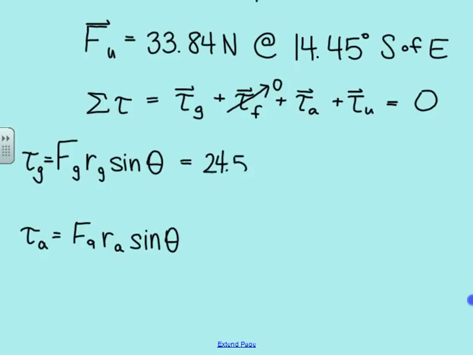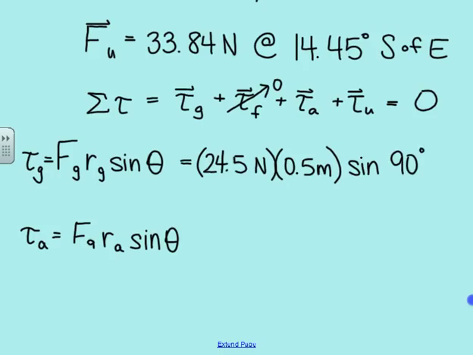So 24.5 newtons times 0.5 meters times the sine of the angle between the radius and force vectors. Well, in this case, the radius vector points to the right, and the force vector points directly down.